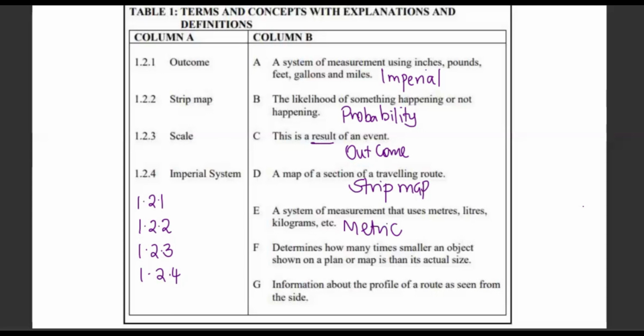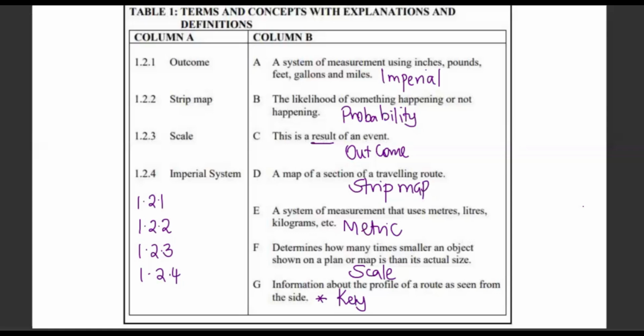Then it determines how many times smaller an object shown on a plan or a map is than in real life. We're using scale. The scale will determine that. Then information about the profile of a route as shown from the side. This will be the key.